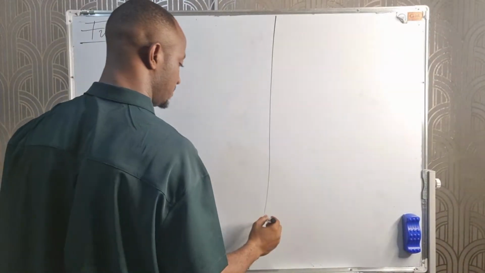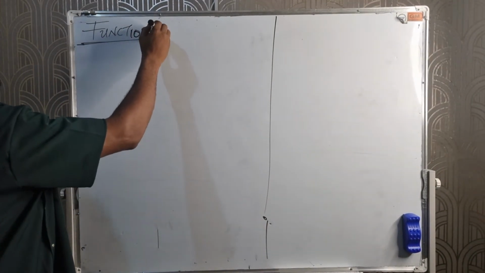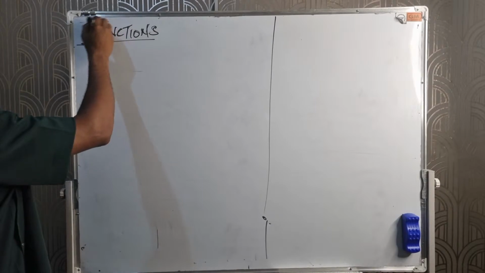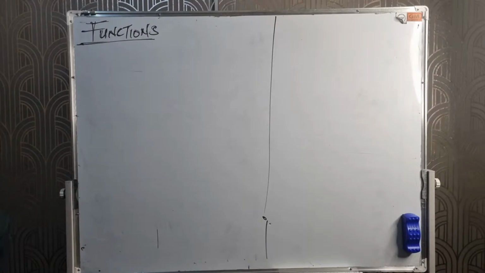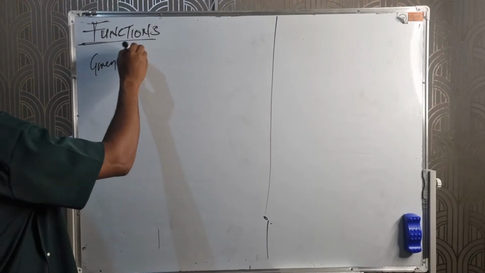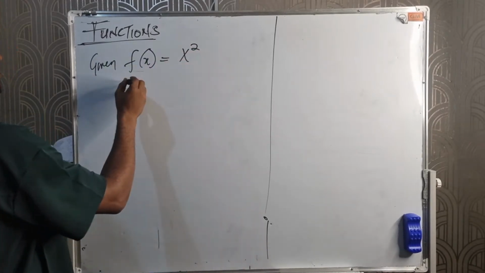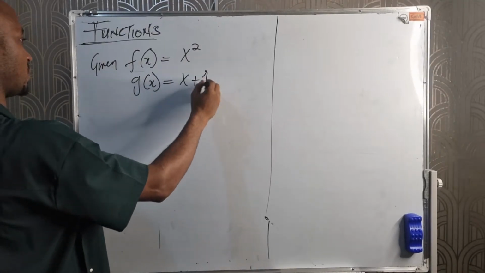Let's look at this example. Okay, we are given f of x equals x squared and g of x equals x plus 1.